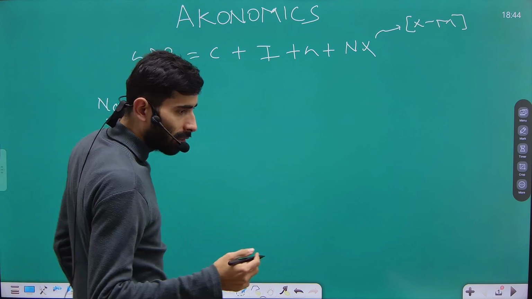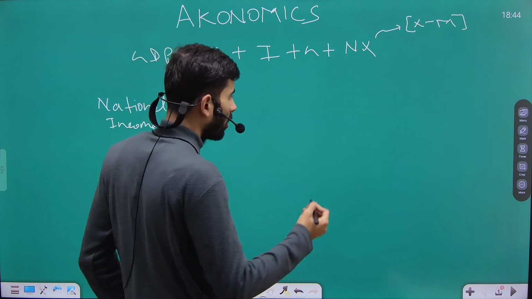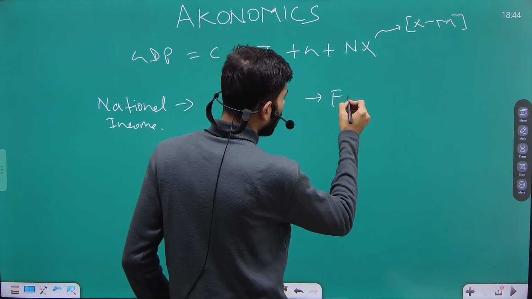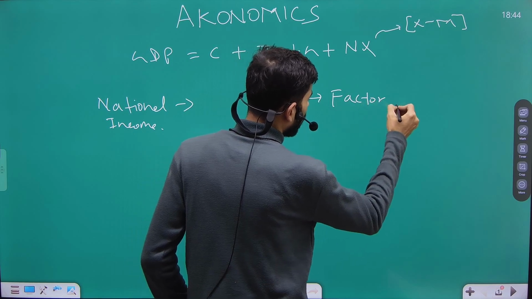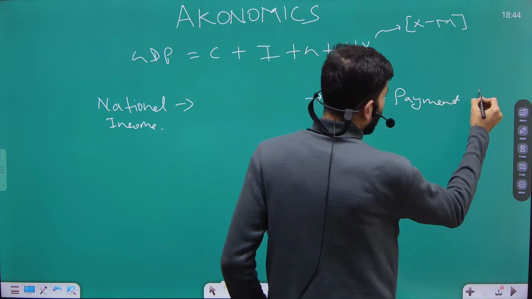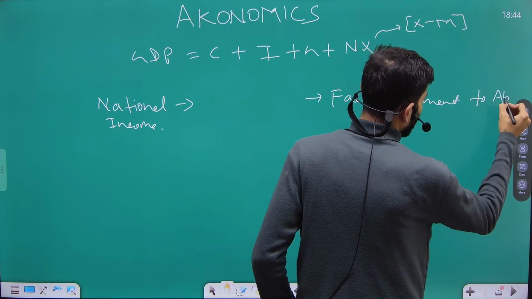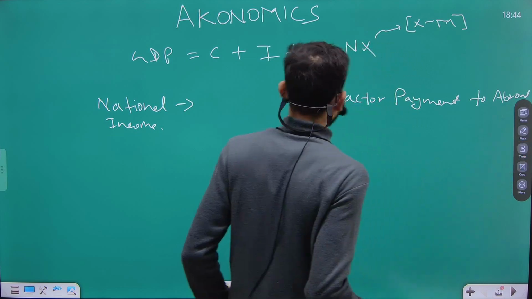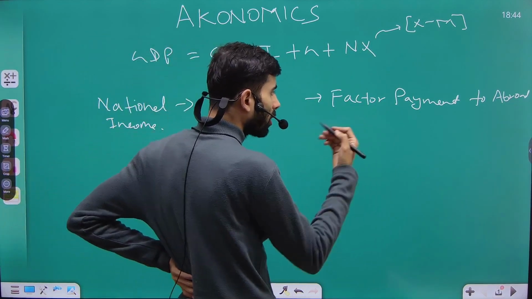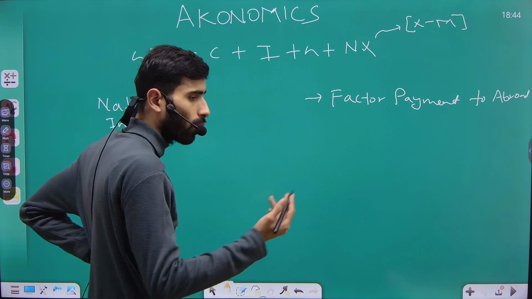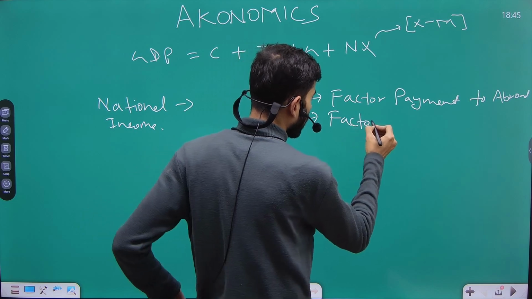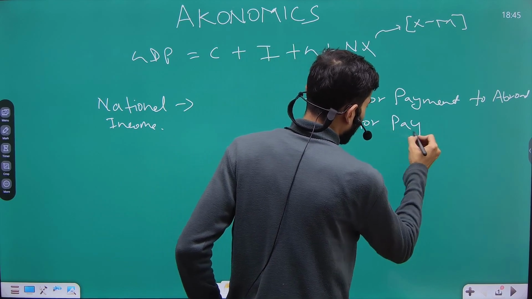If we are paying a foreigner who is producing in our country, then it is basically factor payment to abroad. But if a foreigner is paying our domestic producers or residents, then it means factor payment from abroad.